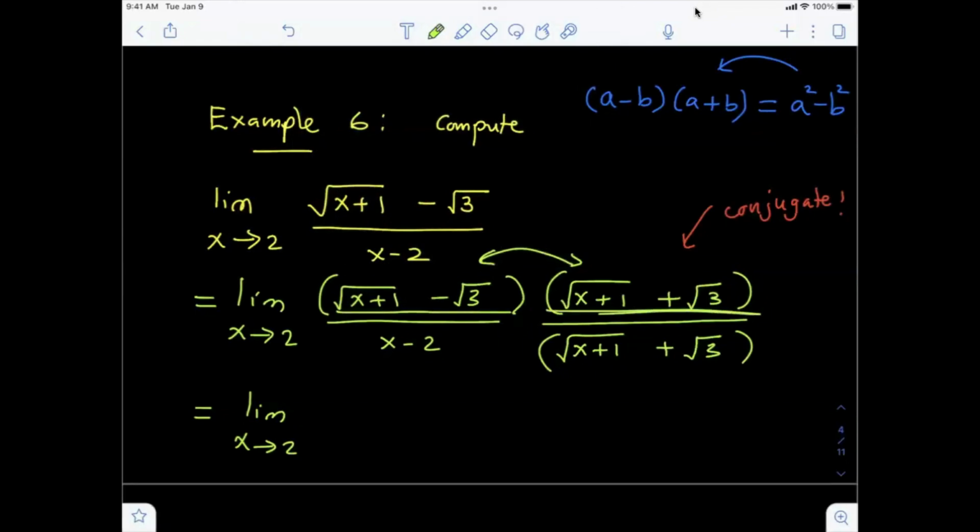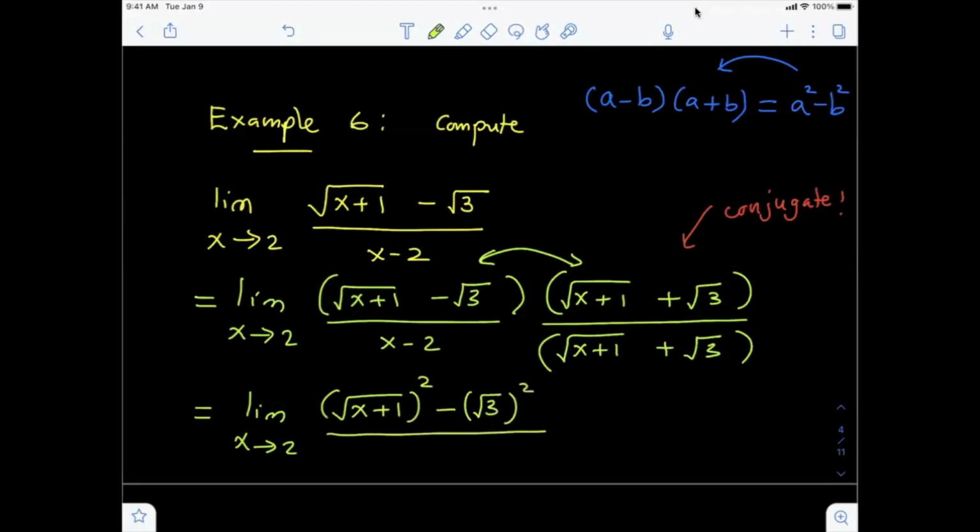And the purpose of this entire computation is to square these two terms, and this one is acting like just a, this one is just like b, and in that case this entire term is nothing other than a plus b. So you have a minus b times a plus b. It's none other than x plus 1 with the square of this, and then square root of 3 square. So a square minus b square.